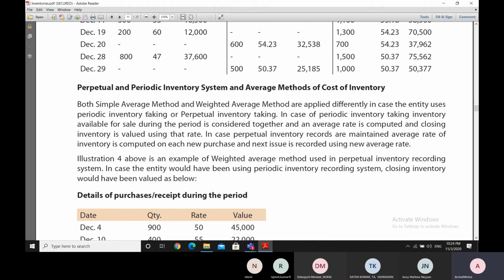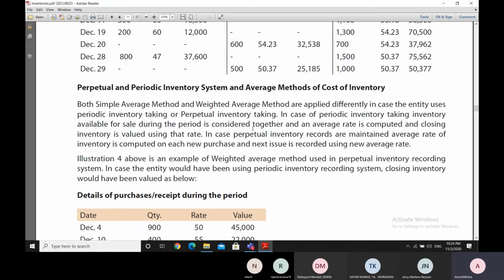Now both the methods, simple average method and the weighted average price method, are applied differently in case the entity uses the periodic inventory taking system or it uses the perpetual inventory taking system.